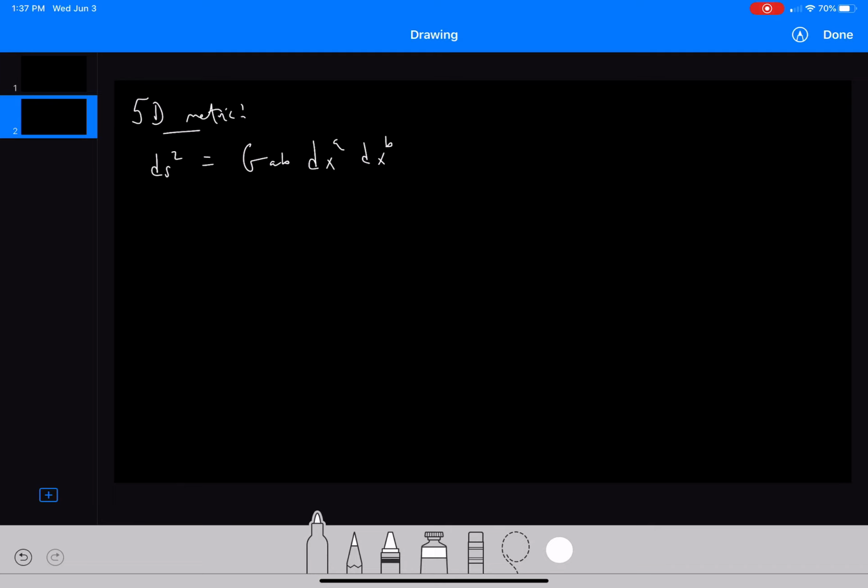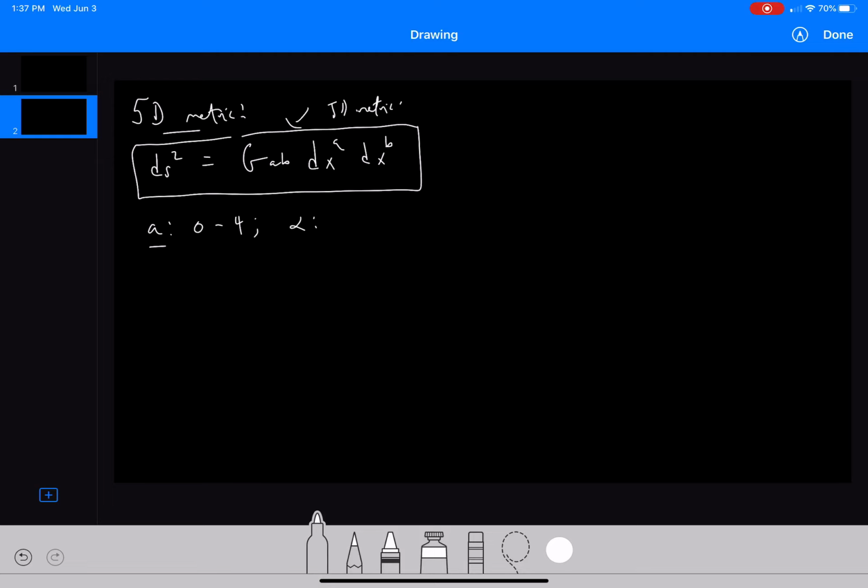I should mention that in what follows, Latin indices will range from 0 to 4. We start our index at 0, and our fifth dimension is indexed by 4, and Greek indices will be from 0 to 3.